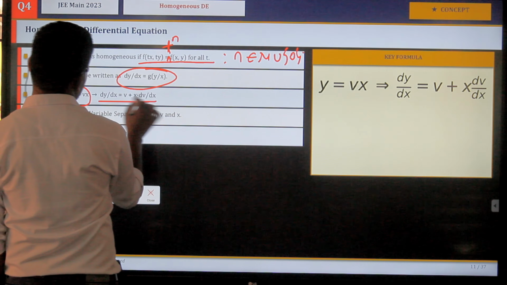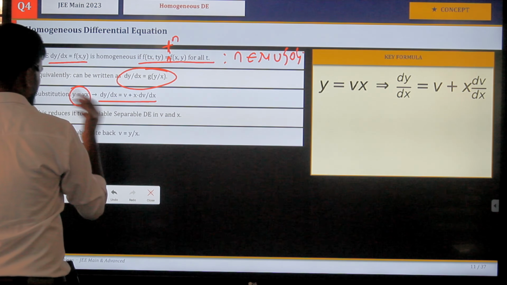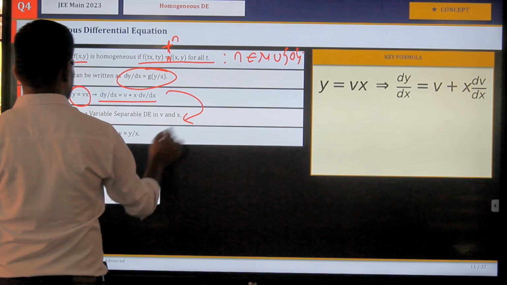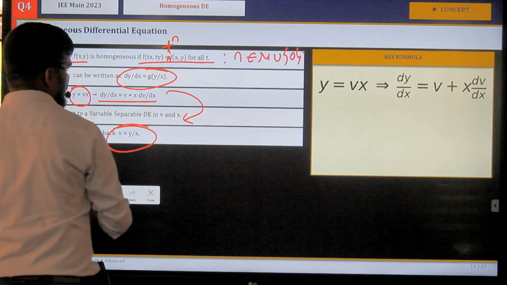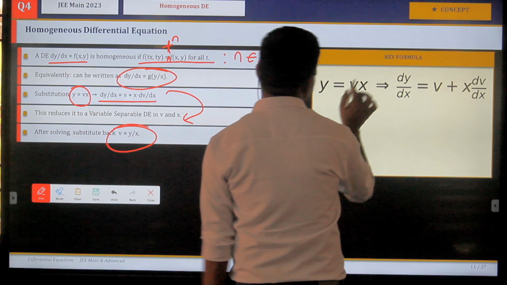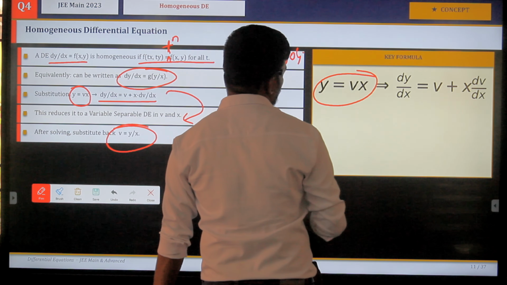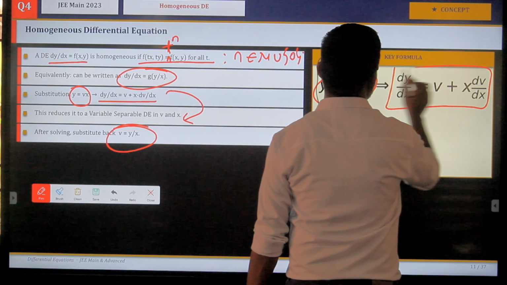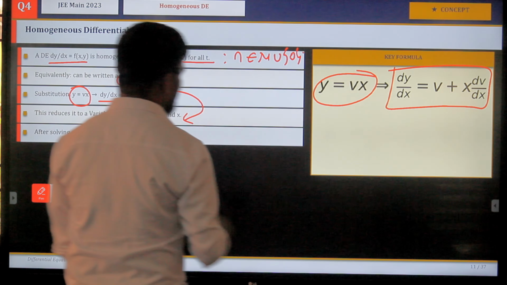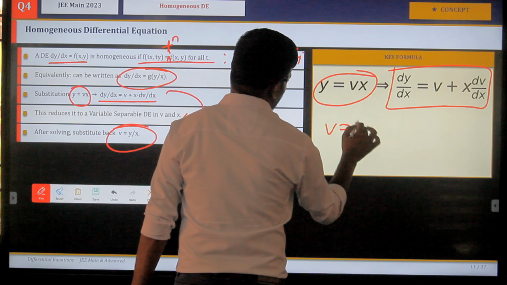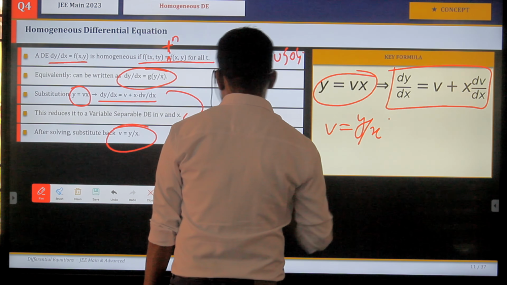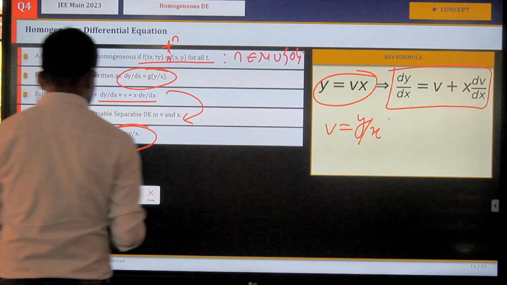Then dy by dx is equal to v plus x dv by dx. After doing that, the differential equation is changed to the variable separation method. After solution, we have to put v is equal to y by x. So the solution technique is to put y is equal to vx and change dy by dx to v plus x dv by dx. Then after solution, you have to put v is equal to y by x. So whatever solution you got, this is our required solution.